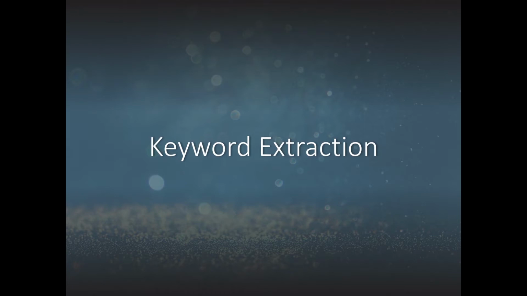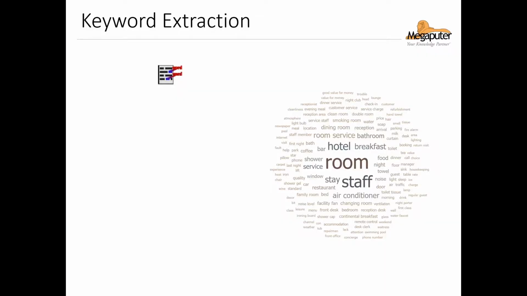So let's start by going over some of the data-driven analysis tools we have in PolyAnalyst, starting with keyword extraction. Now, anytime we're trying to analyze text in a data set, we need to keep in mind that the words people use are their unique way of expressing their thoughts about a topic.